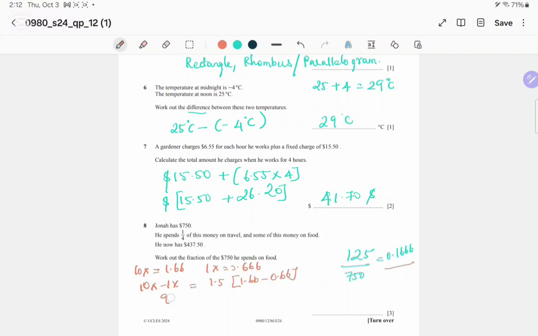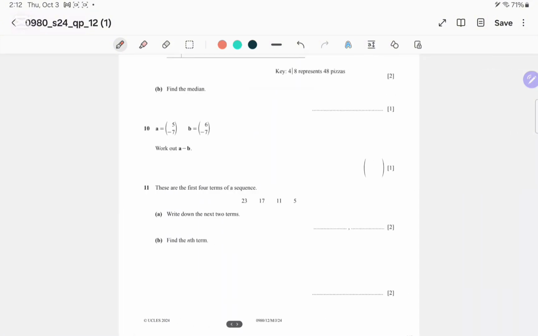So 9x equal to 1.5, or x equal to 1.5 divided by 9. Multiplying by 10 on both sides, you will get 15 by 90, which is equal to 1 by 6. This is your fraction answer you have to give there. It is 1 by 6. This is the answer for this question.